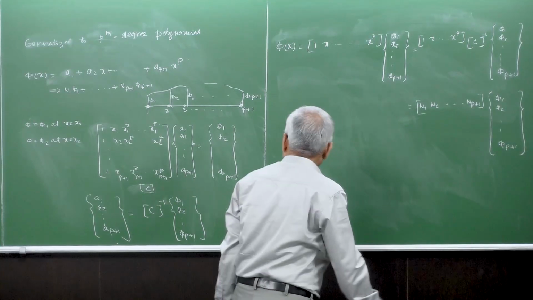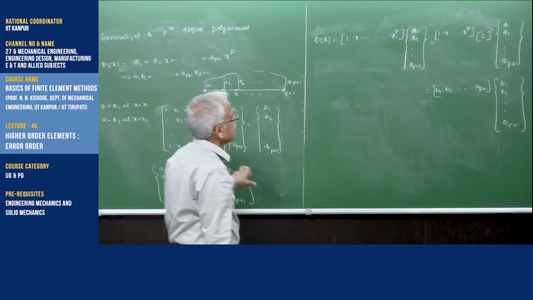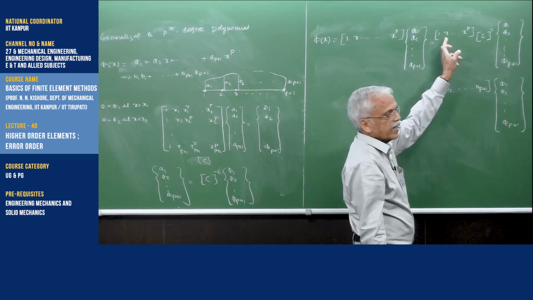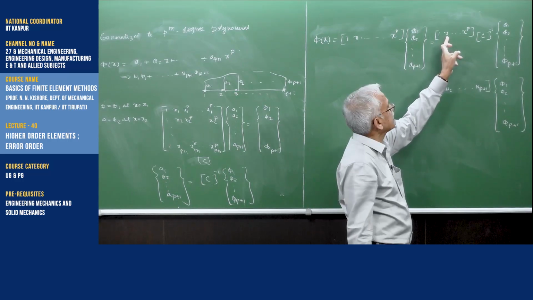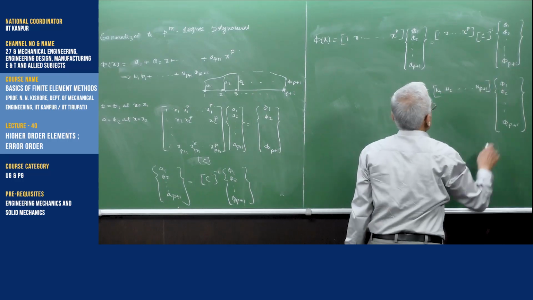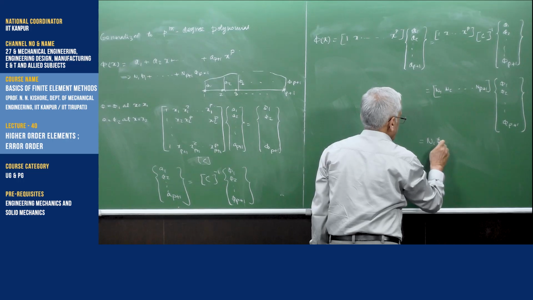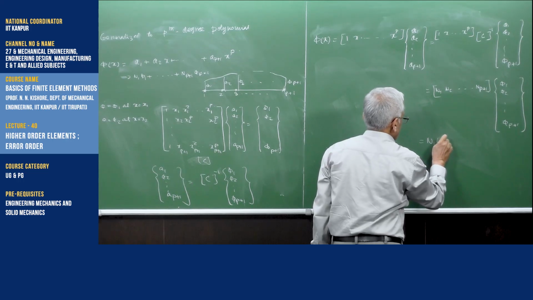So this is nothing but you formulate this coefficient matrix here, and then you take the inversion here and pre-multiply with this 1, x, x to the power of p and so on. And then this is nothing but now here N1 by 1. So this N1 is a function of x.